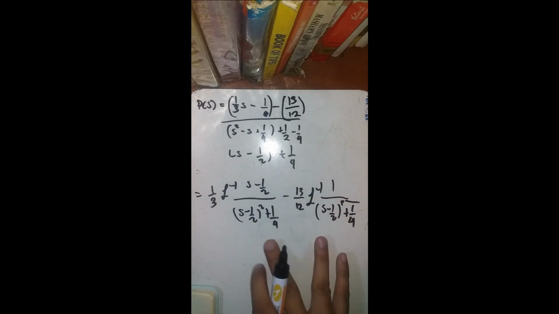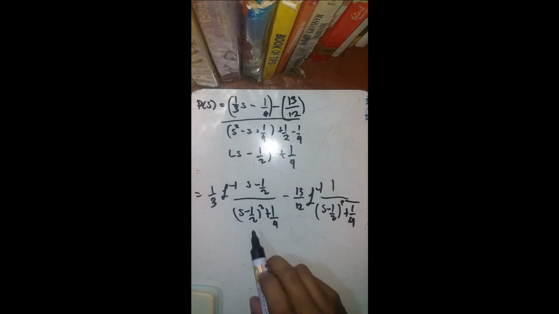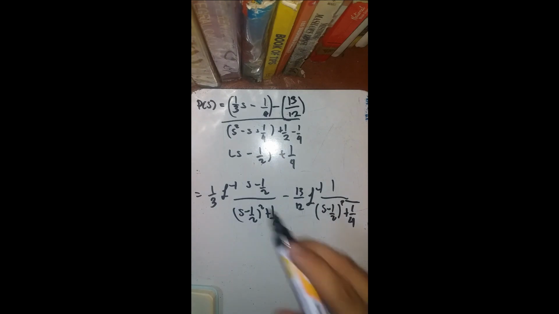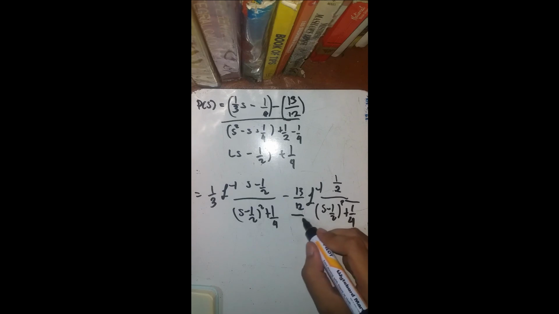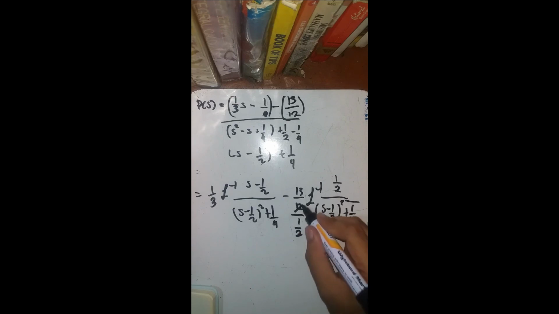Again, we notice that we have a shifting of 1/2. And here, since this is 1/4, your b is actually 1/2. So we multiply the top by 1/2 and we divide here by 1/2. So this will cancel out, and what's left here is 6.